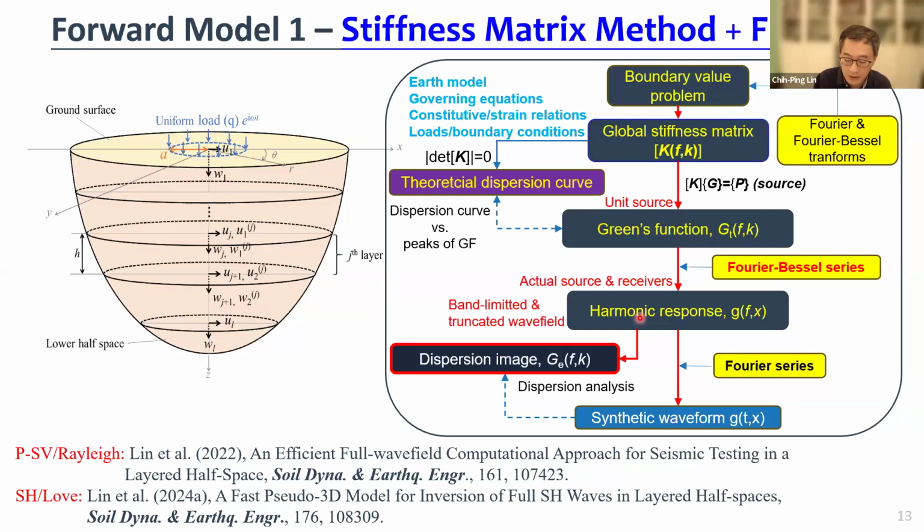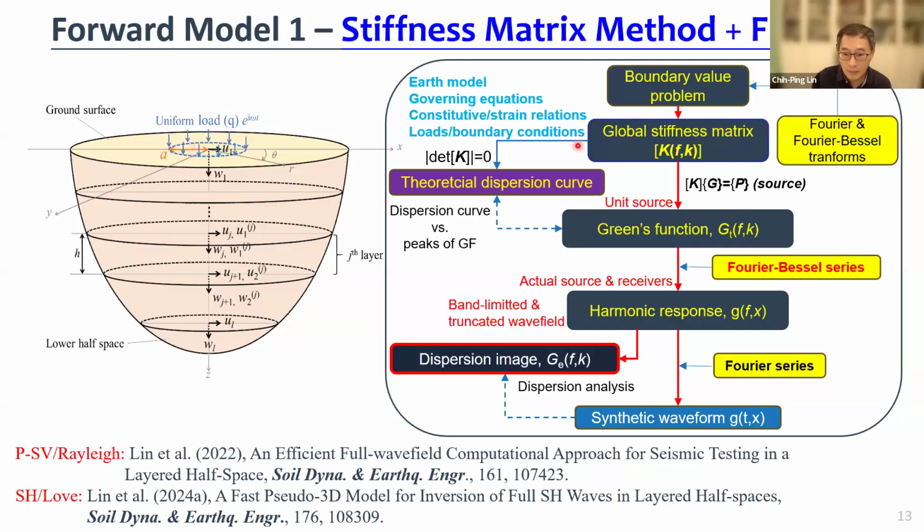If we are going to work on the inversion, a fast forward kernel is very important. So it's a layered medium subjected to a vertical load, and we work in the frequency domain, so this is like a harmonic loading.